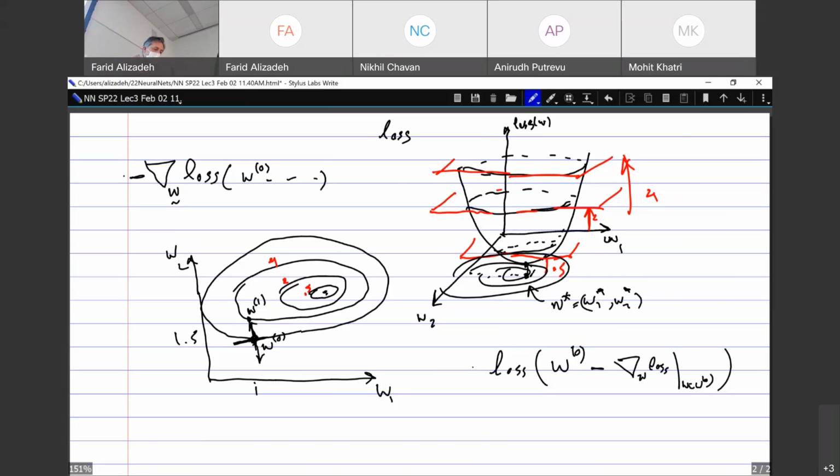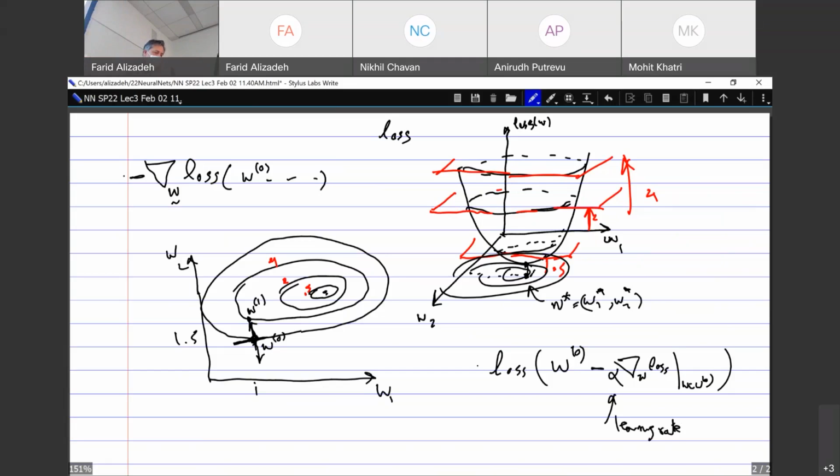So I'm here and I go in the negative direction of the gradient. And then how far do I go? So I would put that alpha. I found the direction. How far should I go? A little bit, a lot, middle, whatever. So that's the alpha. That's called the step length in the classical lingo of optimizers. In machine learning, they call it learning rate.